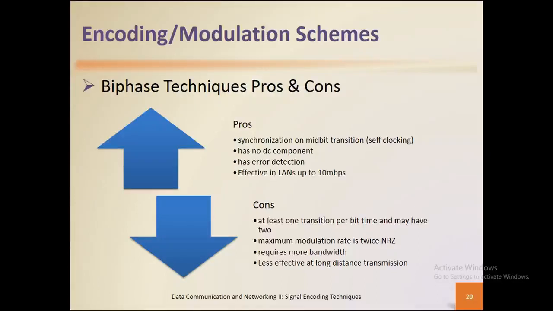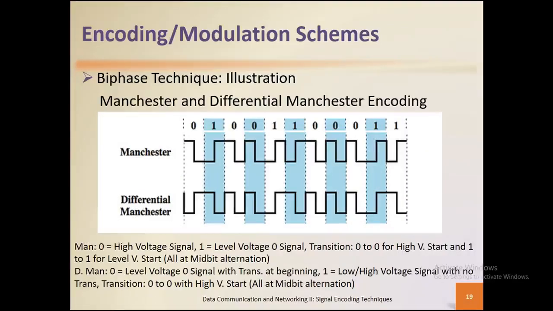Another disadvantage about the biphase technique is that it's less effective at long distance transmission, which actually makes sense. Imagine a long distance transmission over various miles or kilometers, where you had to repeat some of these mid-bit transitions for a given piece of information.